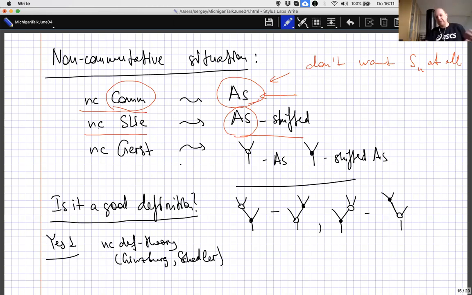Okay, so you can say, well, let's see, maybe it's a good one, maybe it's not. Let's see what we get, because remember that a combination of shifted Lie algebra and commutative algebra gave us Gerstenhaber algebra. What would be the natural NC analog of Gerstenhaber algebra? I have the associative operation, and I have the shifted associative operation that replaces the Lie bracket.